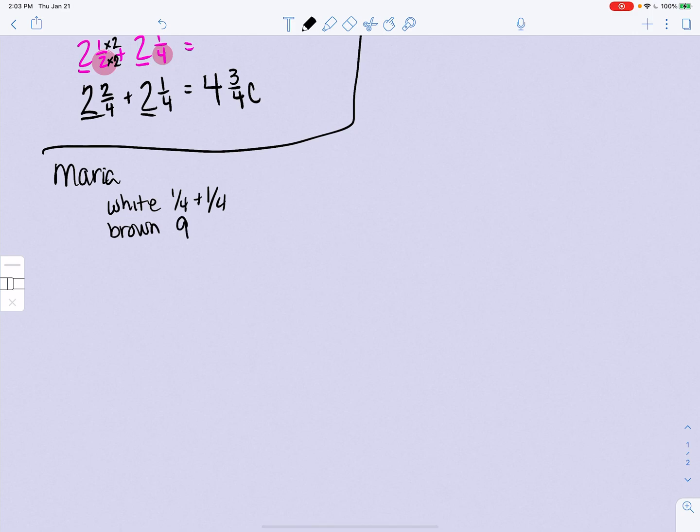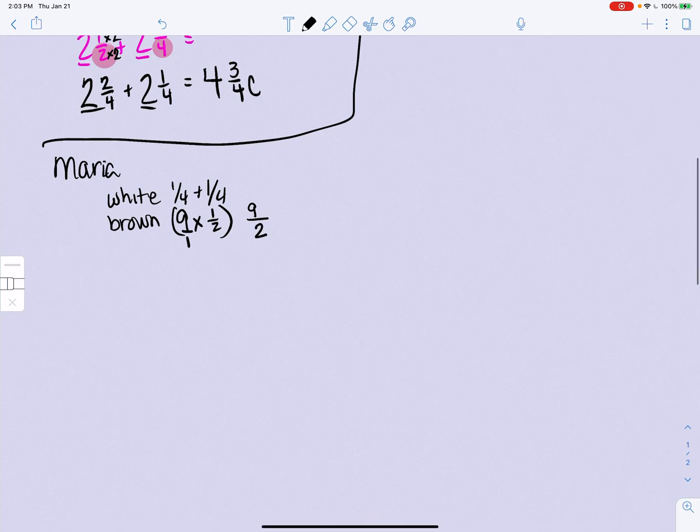Can I do this? 9 times 1/2 instead of repeated addition? Yeah, I can do that. So that's 9 over 1. So I get 9 over 2. And then this one ends up being 2 over 4. I'm going to reduce by dividing the top by 2 and the bottom by 2, and I get 1/2.